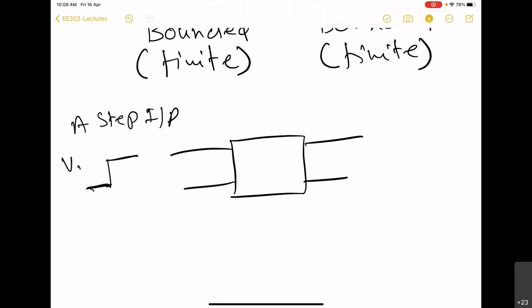So this is Vi that we are giving. What are the possibilities of output? What are the different types of output that can happen in real life? And out of those possibilities, which one will we call the stable case, that means we will label the amplifier as stable, and in which case will we say it is unstable?